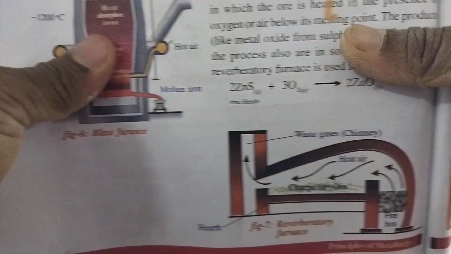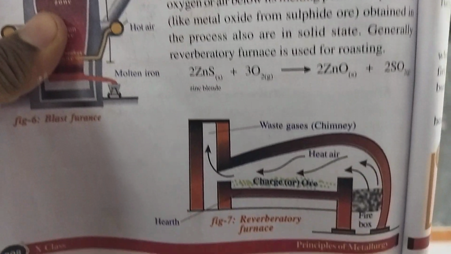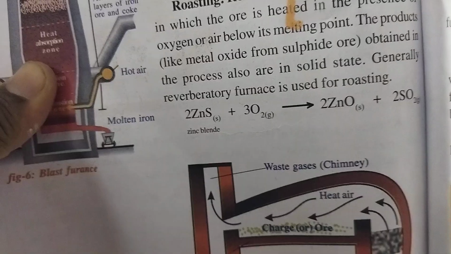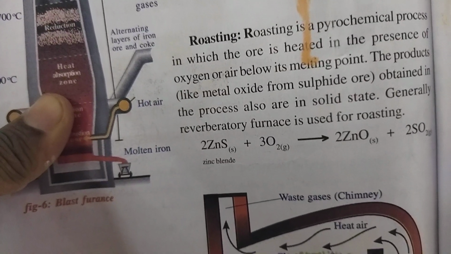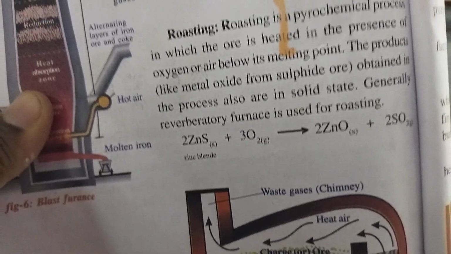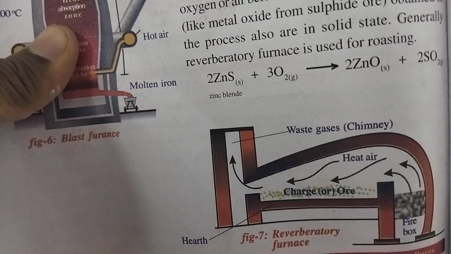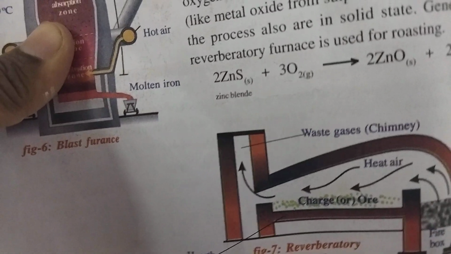For roasting, there is another furnace, a reverberatory furnace. Roasting is a pyrochemical process in which the ore is heated in the presence of oxygen or air, for example zinc sulfide. So this is about the reverberatory furnace.